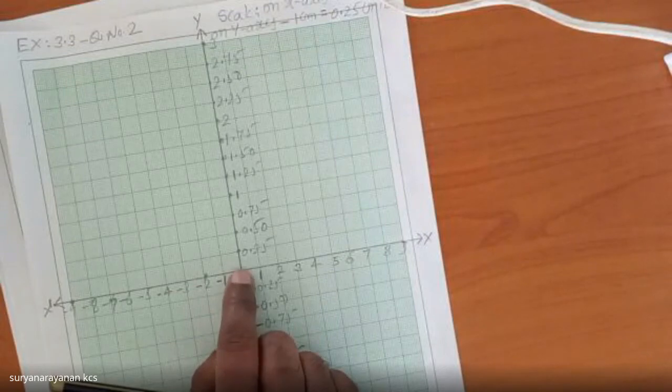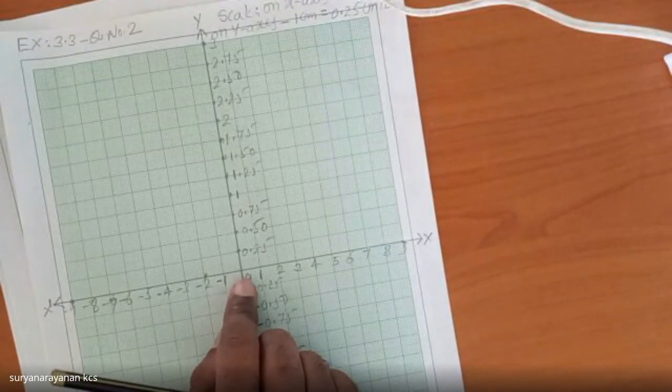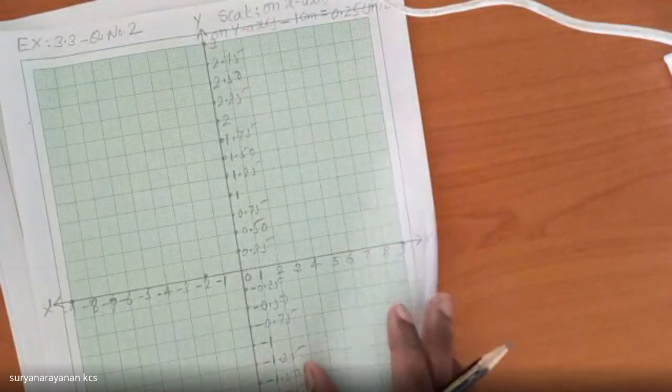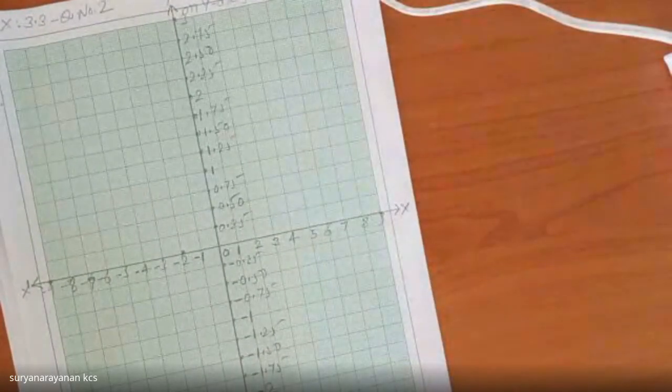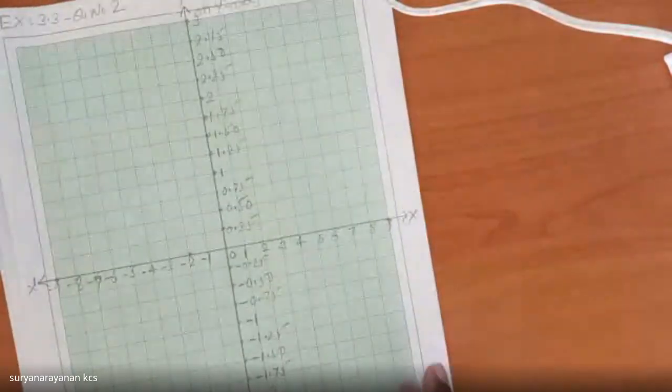Okay, change it as 3, because the graph is not enough. Otherwise, in that case also the graph is not enough. Sir, in my graph I'm not getting 3, sir.